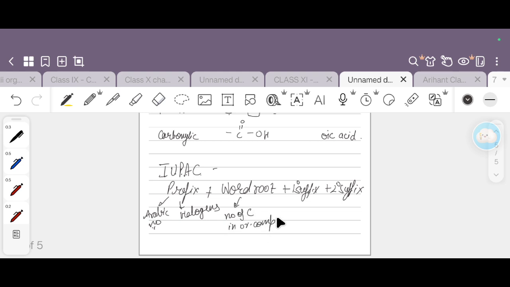Primary suffix tells about the type of bond. If carbon carbon has single bond, then we use primary suffix as "ane". If carbon double bond carbon, then "ene", and if carbon triple bond carbon, then "yne". And for secondary suffix we use the functional group.